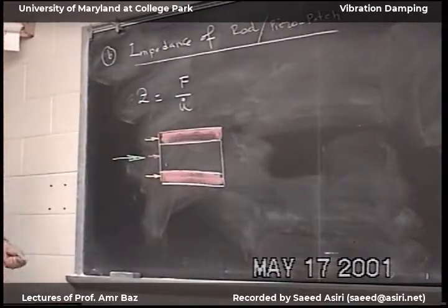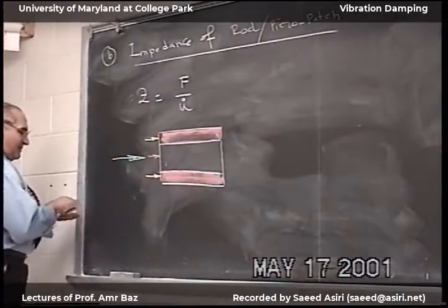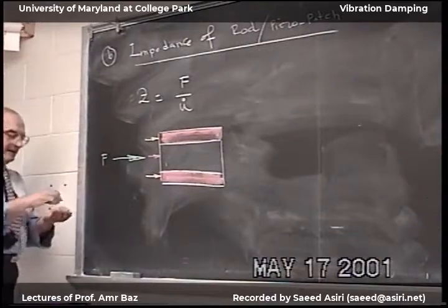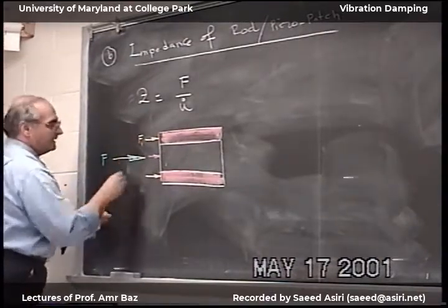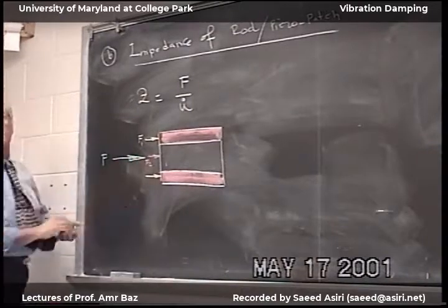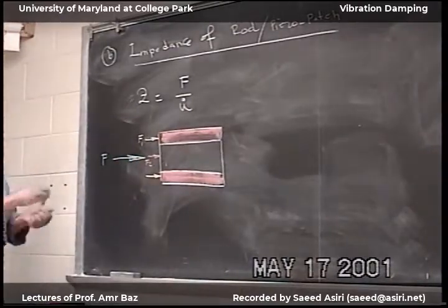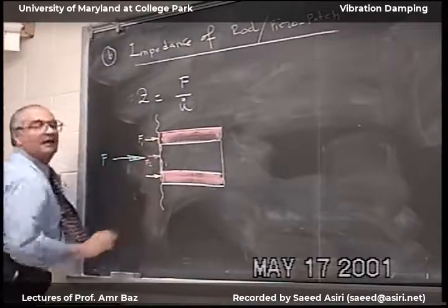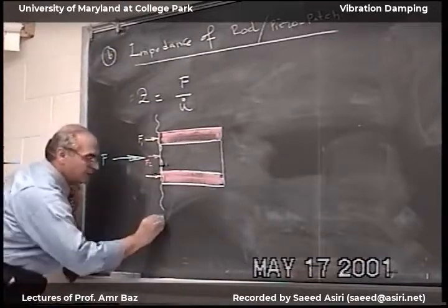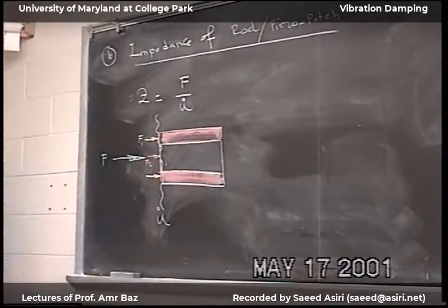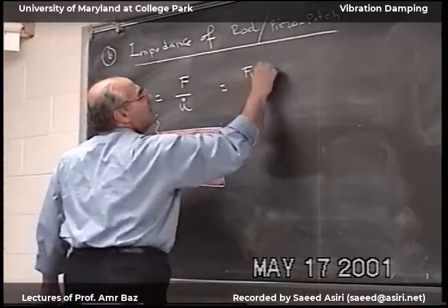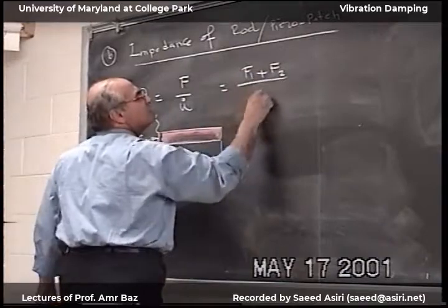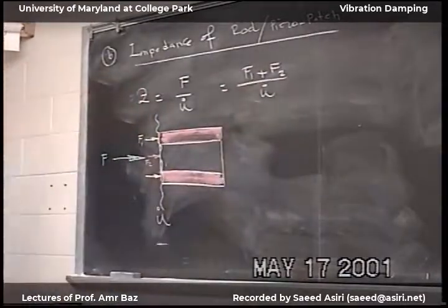Okay? So now if this is F, this is F1, and this is F2. But everything at this point has the same velocity. So now I can break this down to F1 plus F2 over U dot.